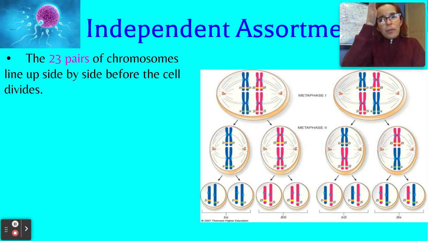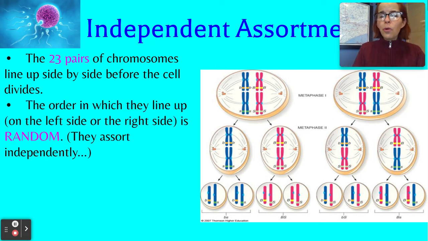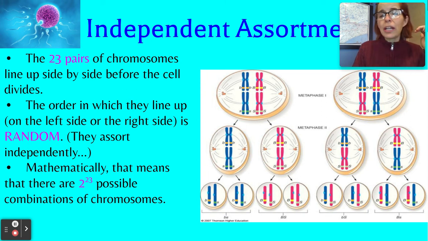And so that means when the cell divides, which chromosomes go into which eggs or sperm or gametes is completely random. And because we have 23 chromosomes, that is an enormous number. It's 2 to the 23rd possible combinations of chromosomes in our eggs and sperm. And we're not even talking about the diversity that's added by crossing over.